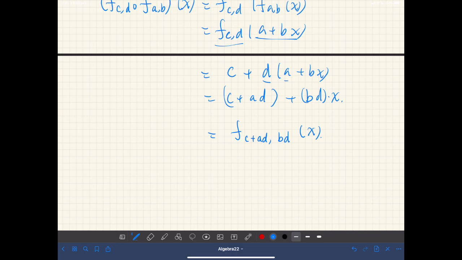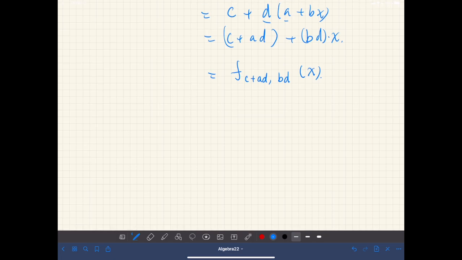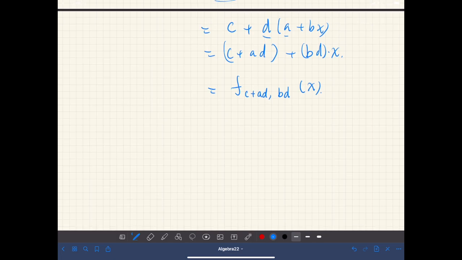Now let's see, we have a set of such functions where a and b are real numbers and b is non-zero. We impose this condition.